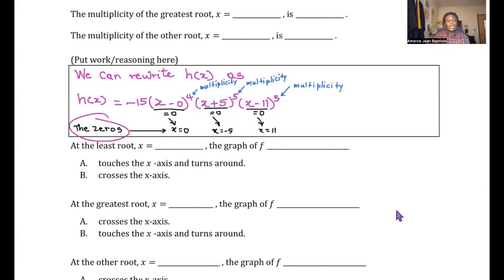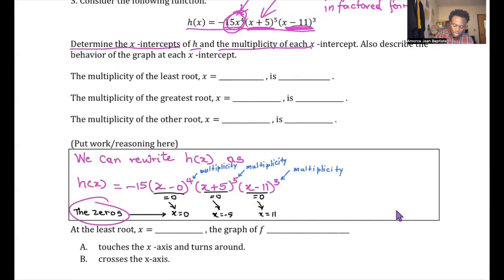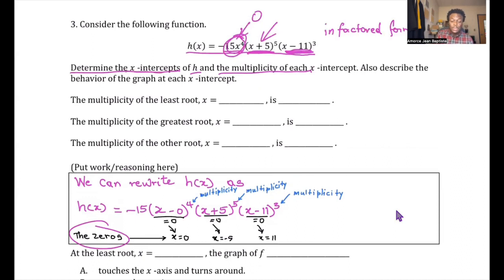Next, you need the multiplicities, because that's what they're asking you here. They ask you for the intercepts, which means where f of x equals 0, and also how would a graph cross the x-axis at this 0?